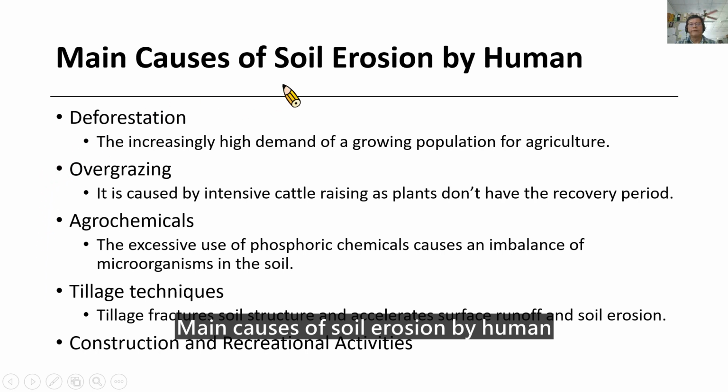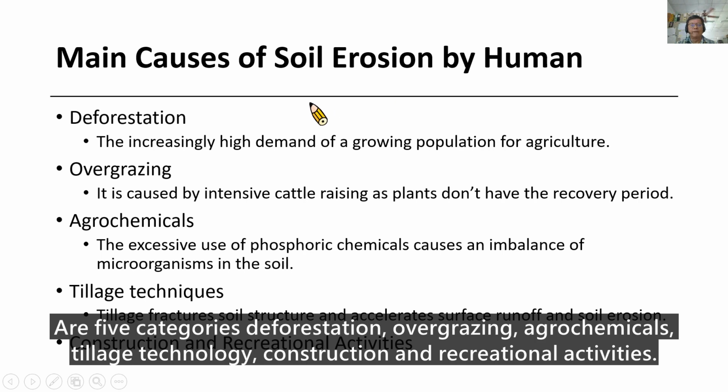The main causes of erosion by humans are 5 categories: deforestation, overgrazing, agrochemicals, tillage techniques, construction, and recreational activities.